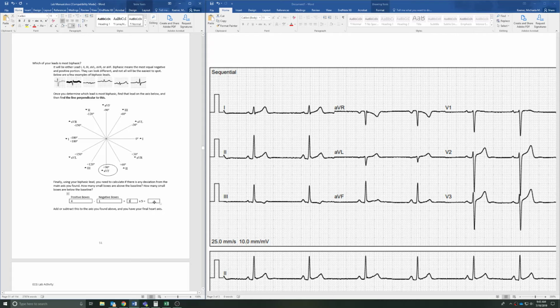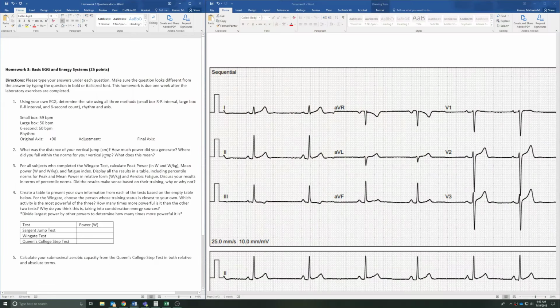So 3 times 5 is 15. And it's positive, so we're going to add 15. So our total degree is going to be a plus 105 degree axis. And that's how we would determine our axis and our adjustment.